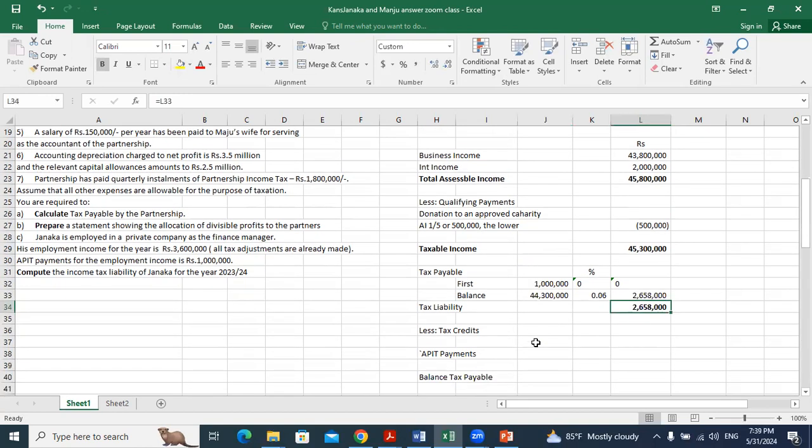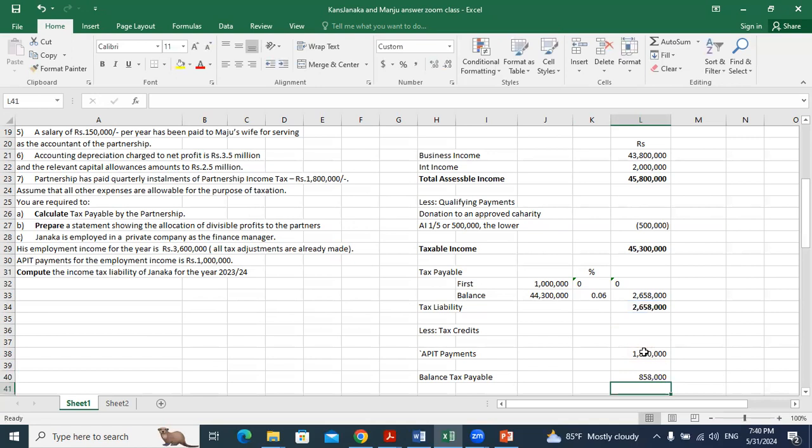Say there is a tax credit: the partnership has paid quarterly installments of partnership income tax of 1.8 million. That is the tax credit, 1.8 million. Balance tax payable is $858,000.